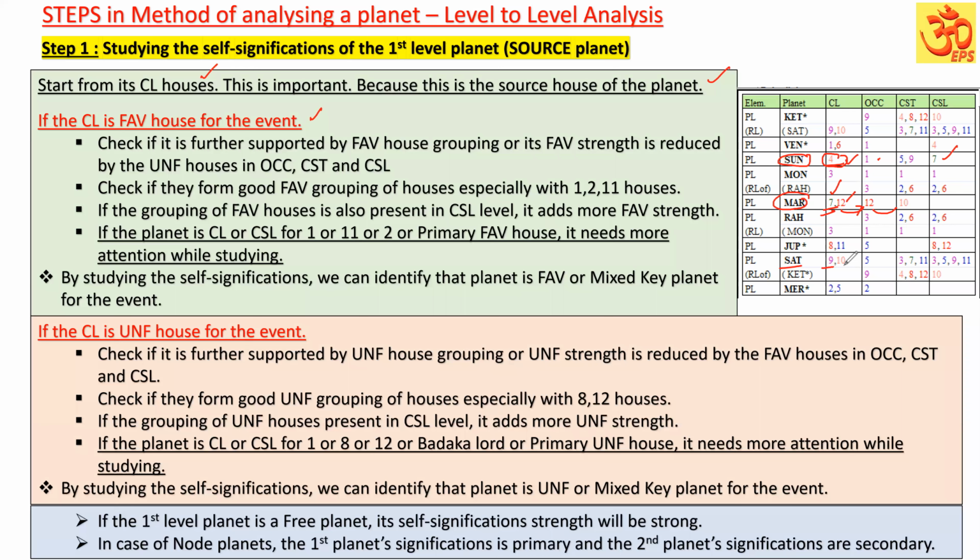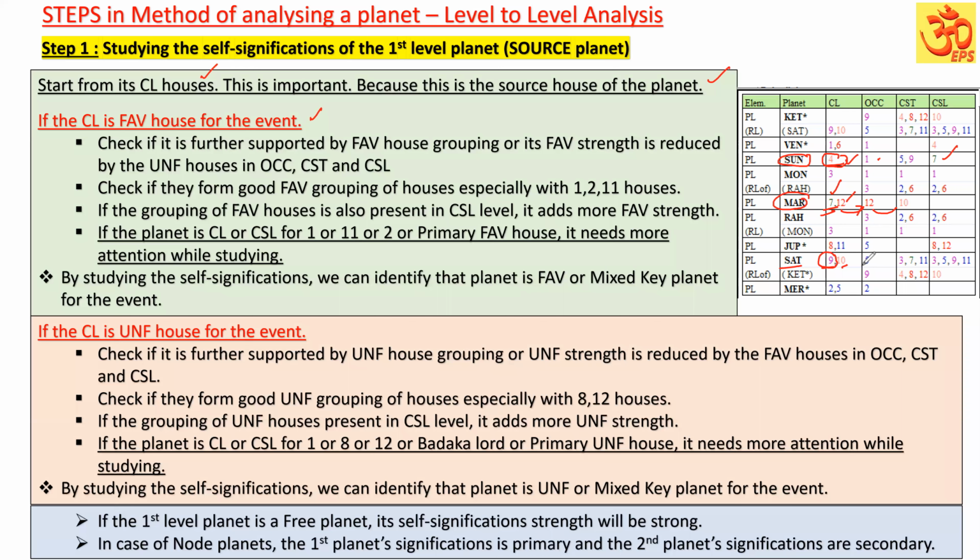For example, take Saturn. Saturn is 9th Lord and also 10th Lord. Normally, in each planet's self-signification in CL, mostly one house will be favorable for an event and another house mostly unfavorable. So the planet in CL has a favorable house, but in the OCC, CST, and CSL, does it also have favorable house grouping or not?